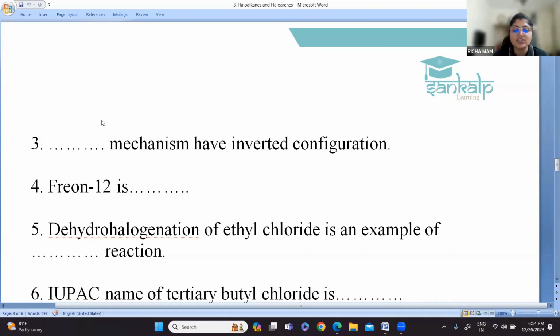Yes, it is SN2. Good. So substitution, nucleophilic, bimolecular. The SN2 mechanism has an inverted configuration. Good. Moving further, next question.